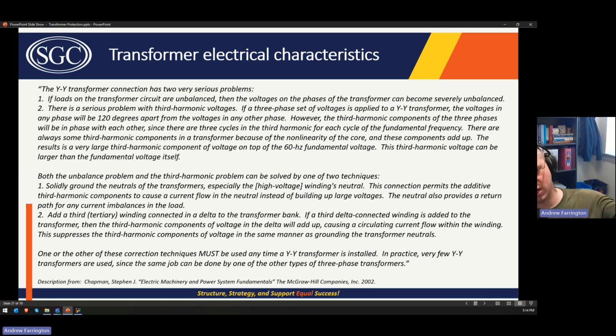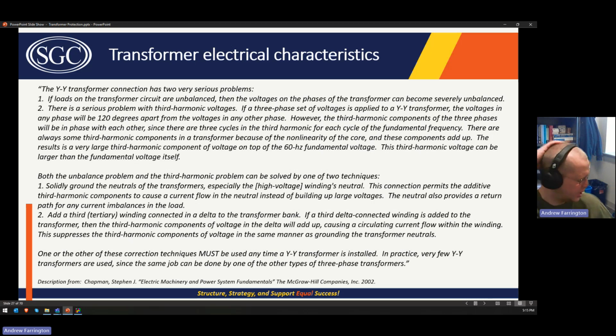It's got a Y winding high voltage side, and then a Y winding low voltage side, and then a delta tertiary. And the delta has the same tendency. It allows the third harmonics to circulate in the delta and to dissipate and not cause those excessive third harmonic voltages. The delta tertiary also has the added benefit of providing a ground source.